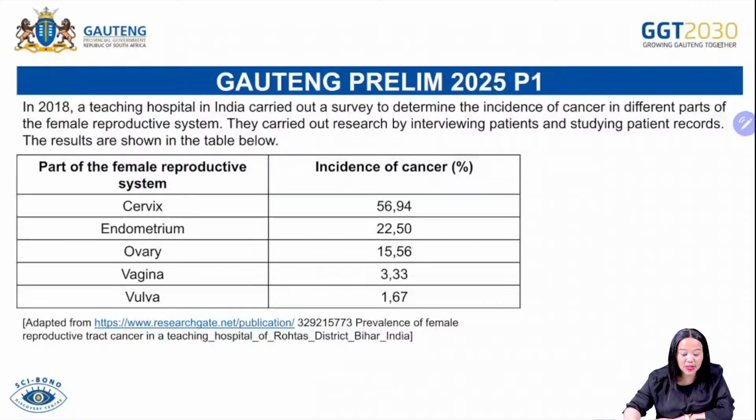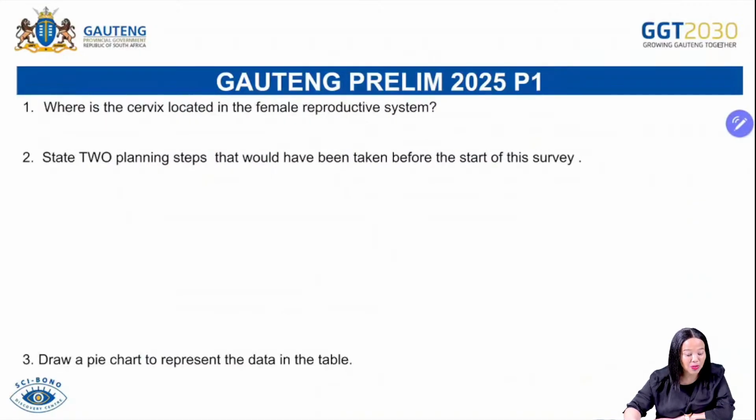They carried out research by interviewing patients and studying patients' records. Then you analyze the table that you are given, grade 12s. The parts of the female reproductive system are the cervix, endometrium, ovary, vagina, and the vulva. Then the incidence of cancer in terms of percentage.